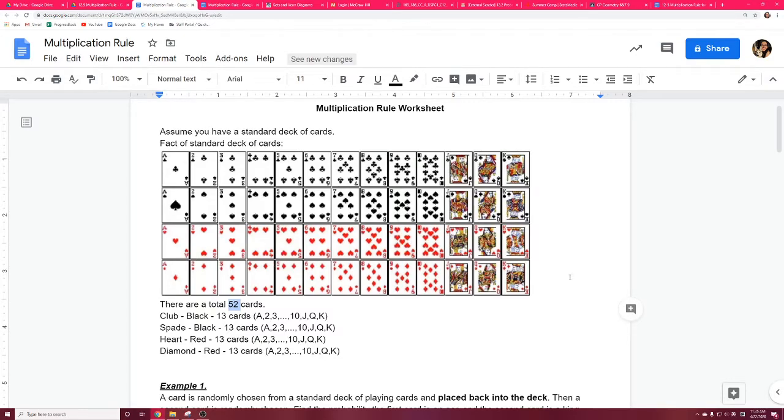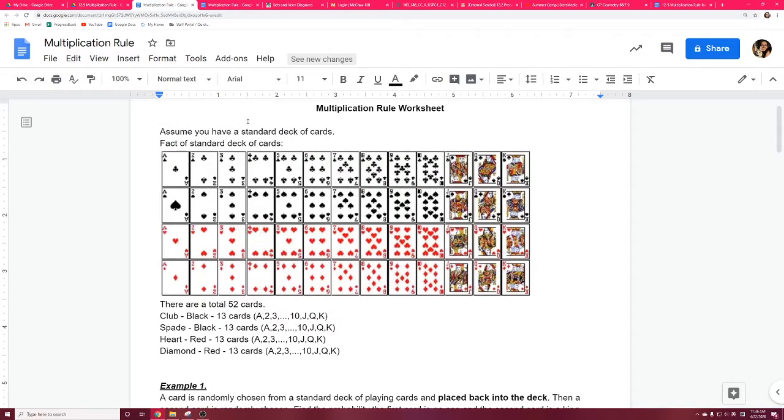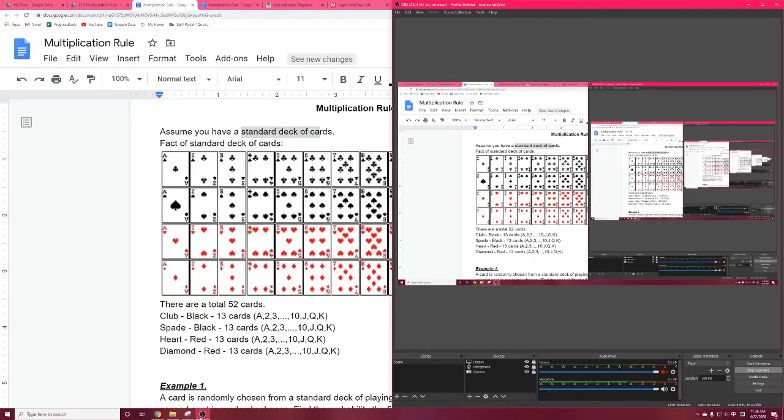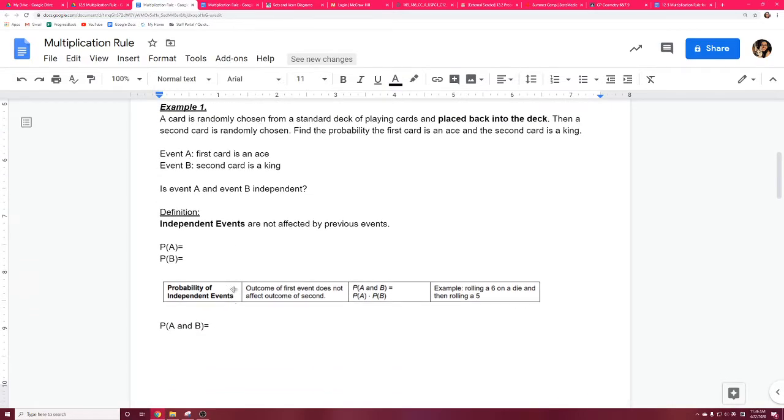So in each suit, we have 13 cards, and there are 4 suits in total. 4 times 13, we have 52 cards in a deck. So in the future, if you see somewhere saying a standard deck of cards, you will know what they are talking about. And if you can scroll down, let's go to example 1.